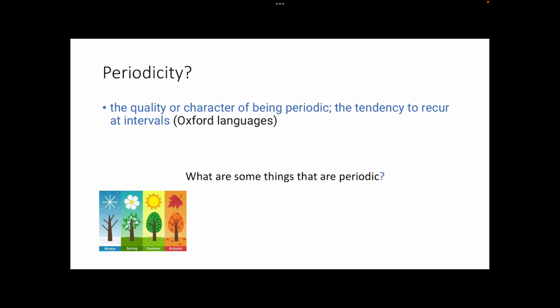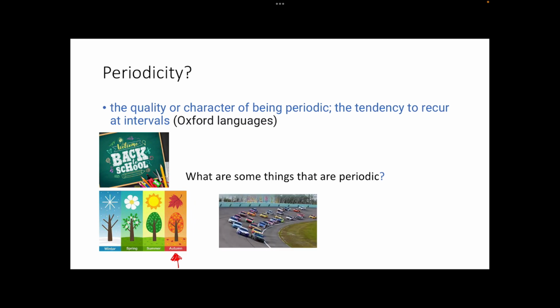What are some things that are periodic? Down here on the bottom left, we have the seasons. The seasons repeat once a year, so those are periodic. Going back to school is something that's periodic. We do that every fall. If you look at a racetrack, the cars go around the track periodically.